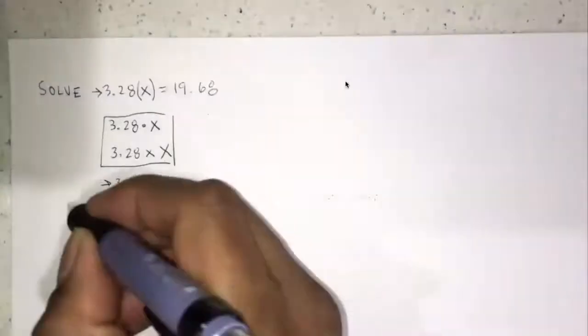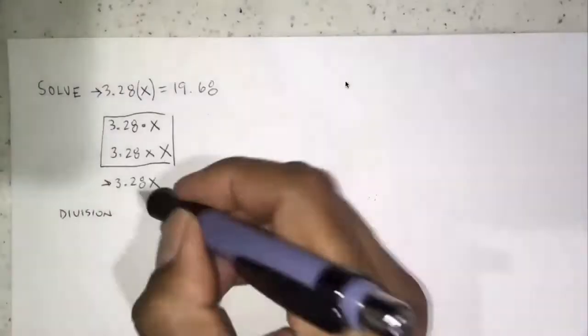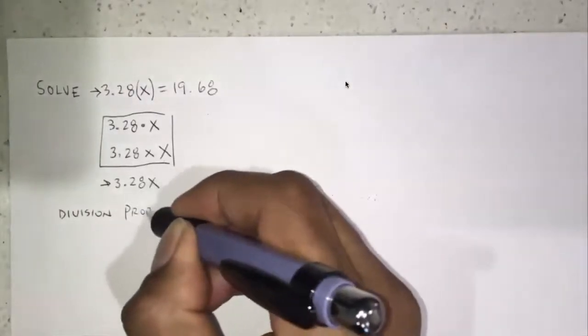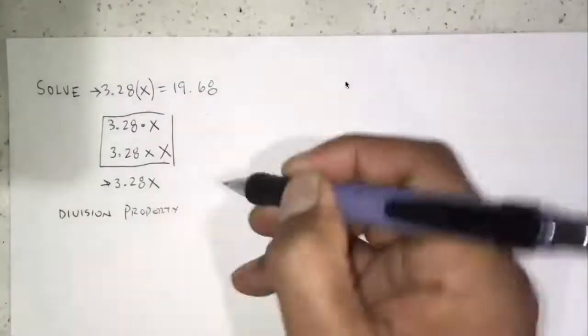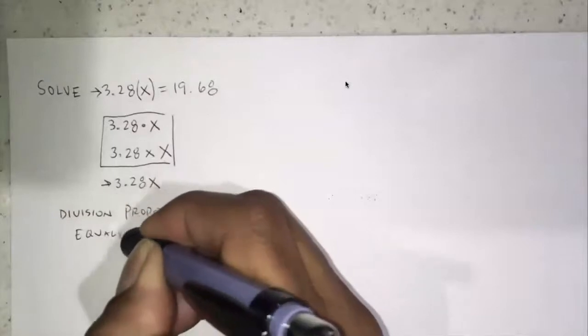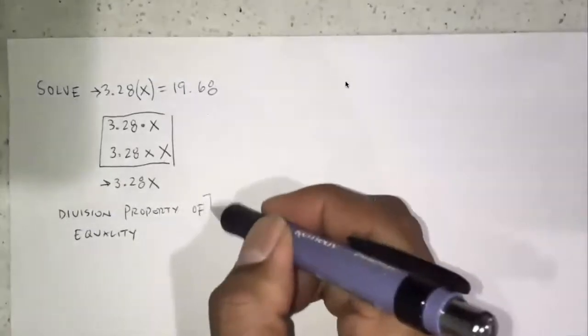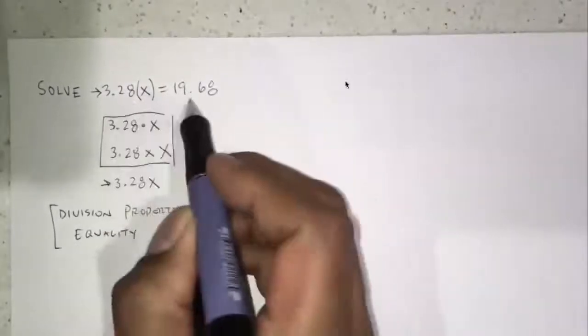We're going to apply the division property of equality. All that simply means is that this property gives us permission to divide both sides by the same amount.